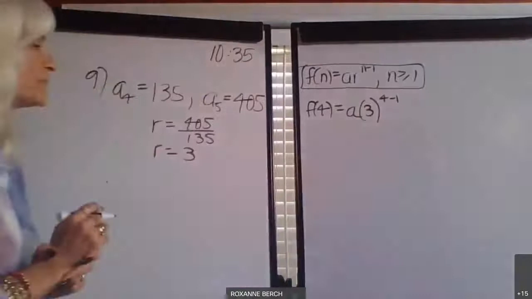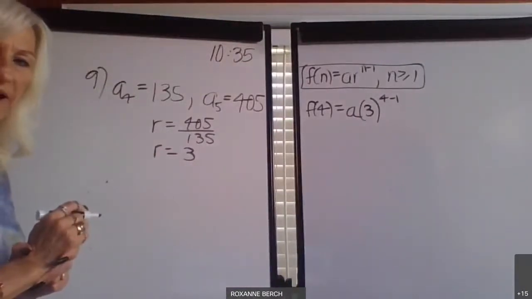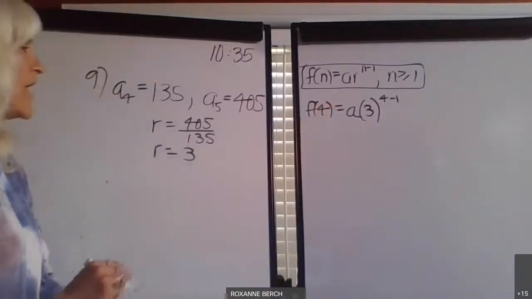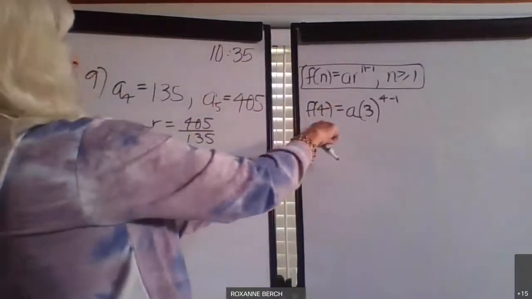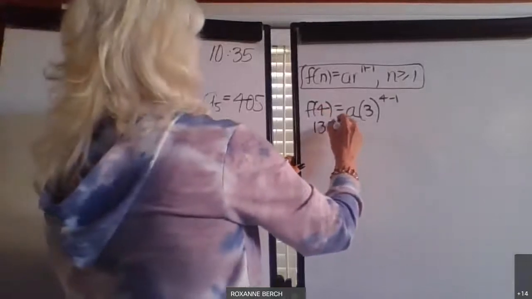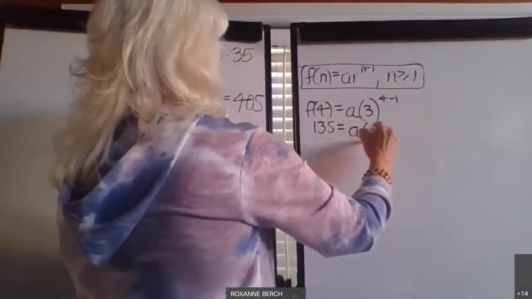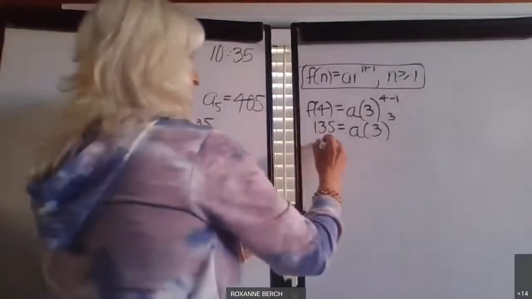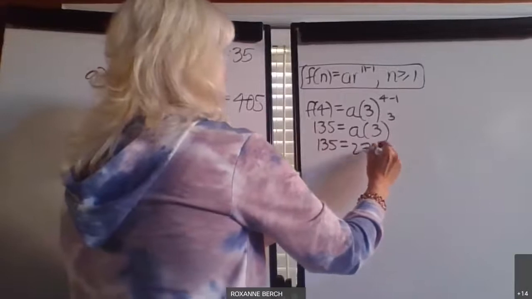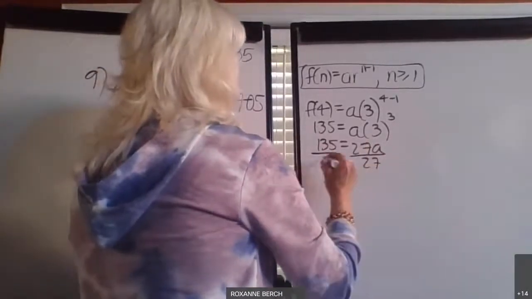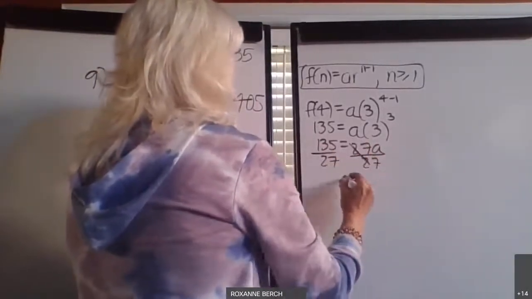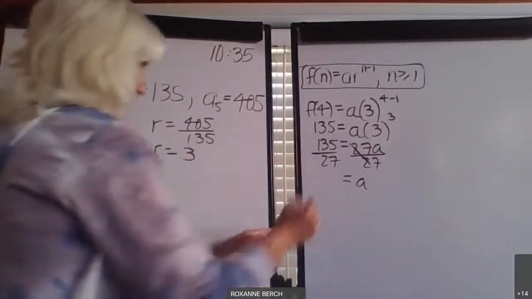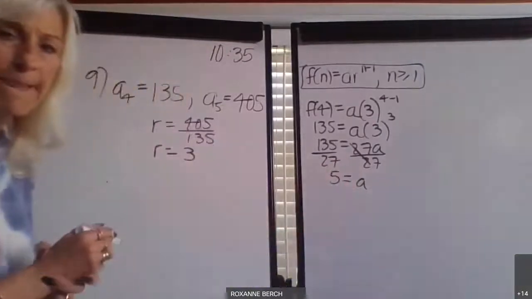You with me so far? Wherever I see an n, I put a 4. And now we know the fourth term is 135. So what you have here is 135 equals 27a, divide by 27. A is equal to what? 5? Yeah, 5.